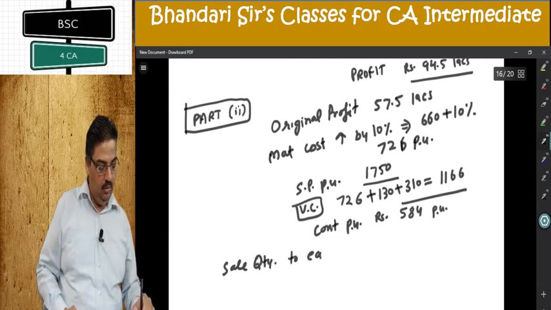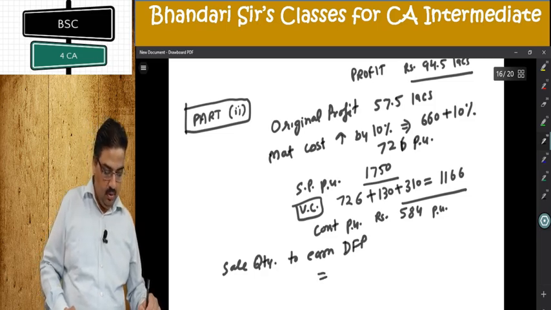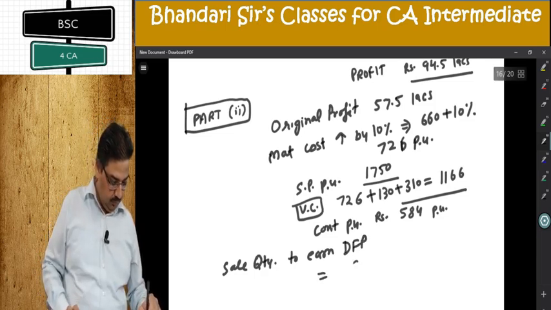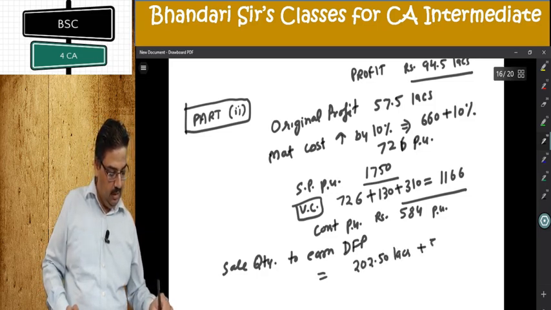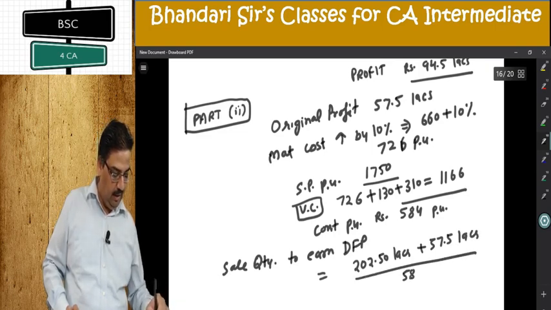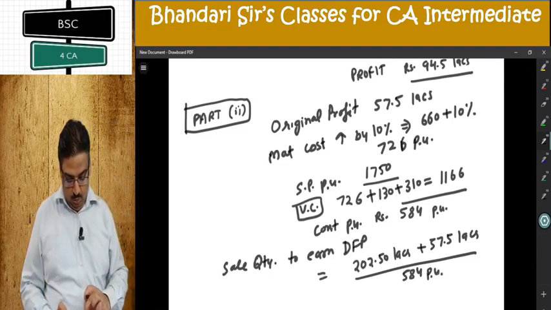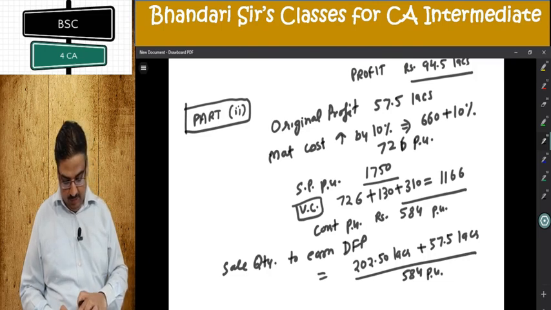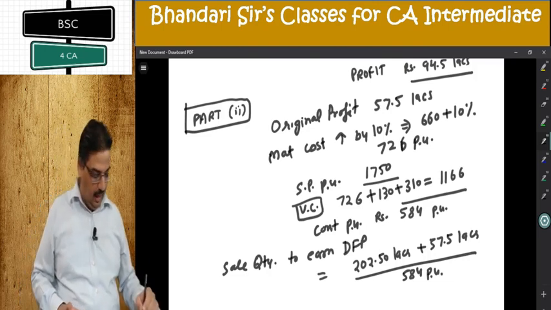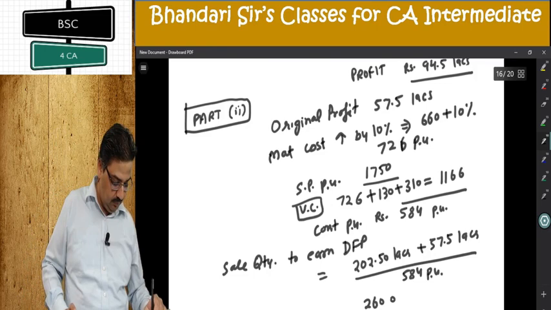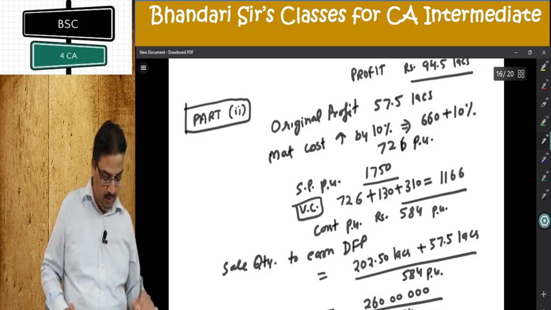Desired profit is known, so sale quantity to earn desired profit equals fixed cost 202.50 lakhs plus 57.5 lakhs divided by 584 per unit. So 202.5 plus 57.5, they are in lakhs, 260 lakhs, divided by 584 per unit.